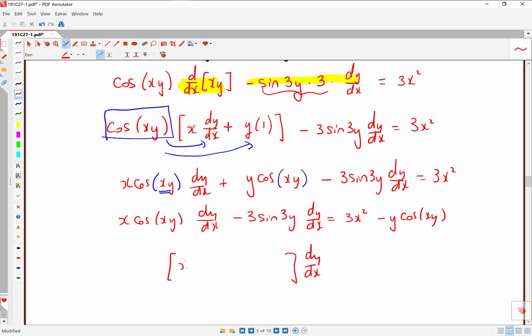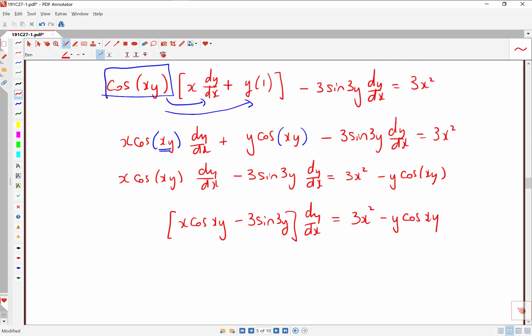We'd have x cos of xy minus 3 sine of 3y. See, as the expression becomes simpler, I tend to drop the brackets beside the trig function. They just seem to become less necessary as the expression gets simpler. And on the right side, 3x squared minus y cos of xy.